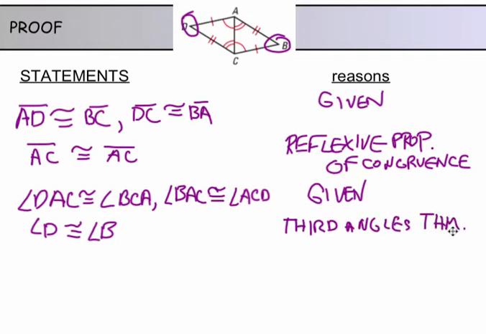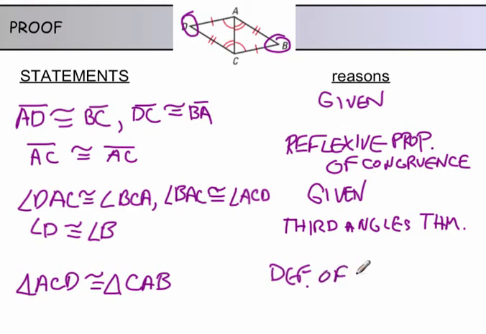So now I have proven that all the sides are congruent, all the angles are congruent. They said to prove that triangle ACD is congruent to triangle CAB, and we proved that by the definition of congruent figures. All the sides are congruent, all the angles are congruent. Therefore, those triangles are congruent.